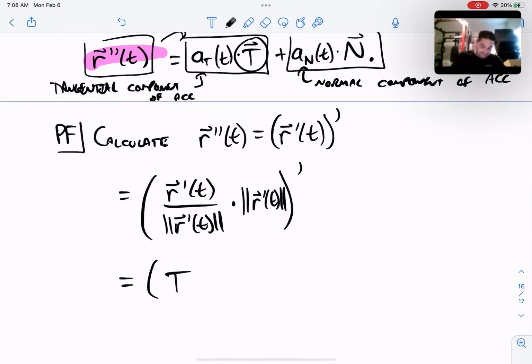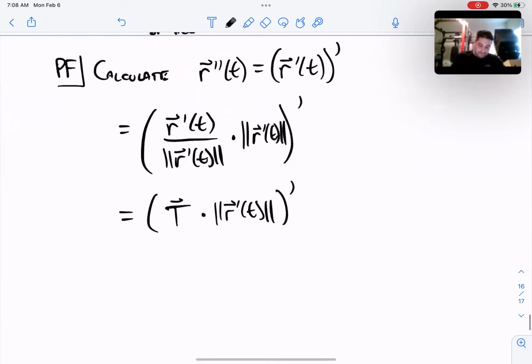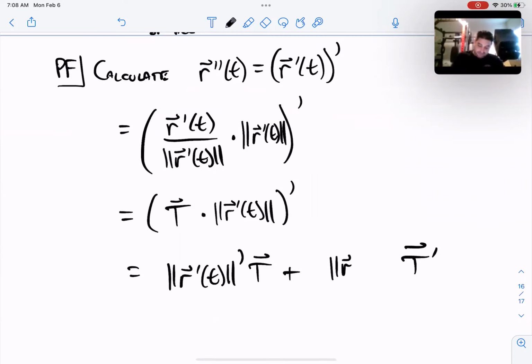So what do we have now? I have tangent vector times speed. Use a product rule. So take a derivative, leave the other alone; take a derivative, leave the other alone.